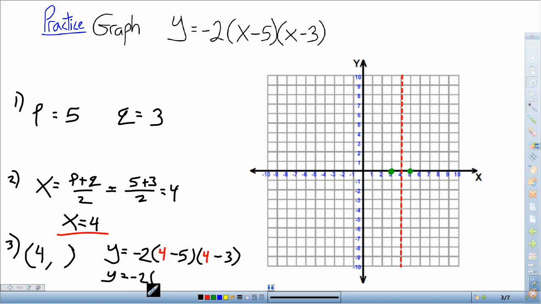Looks like we got -2 times -1 times +1. Just so happens we got those numbers again. That doesn't always happen, just by the way. Okay, so -2 times -1 is 2. 2 times 1, 2. So there is our vertex, +4 on the x, +2 on the y, right? And it looks like when we draw our parabola, we're getting something that faces downward, which again, we would have noticed by noticing that, yeah, there was a -2 in the front there.